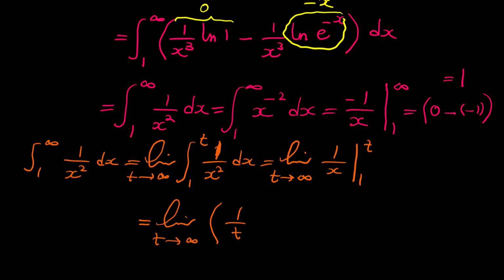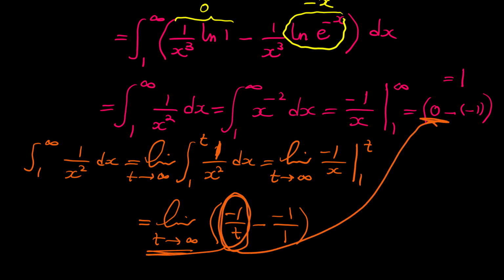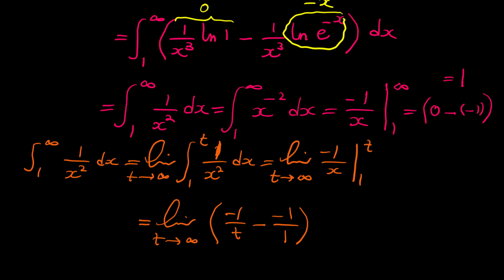I forgot to put negative here: minus, now we plug in 1, negative 1 over 1. Now, because t approaches infinity, the limit of negative 1 over t is 0. So this equals 0 plus 1, which equals 1.